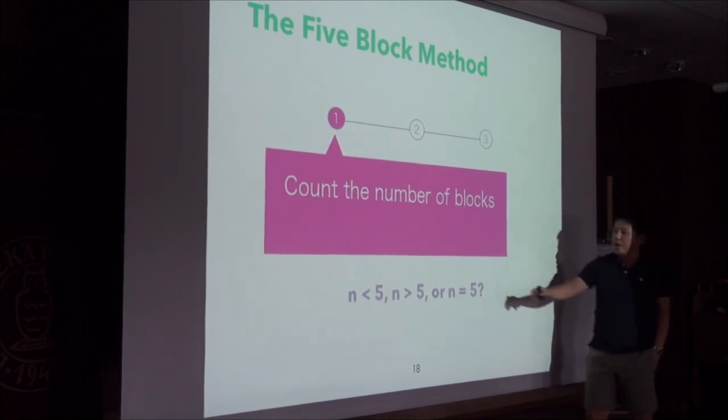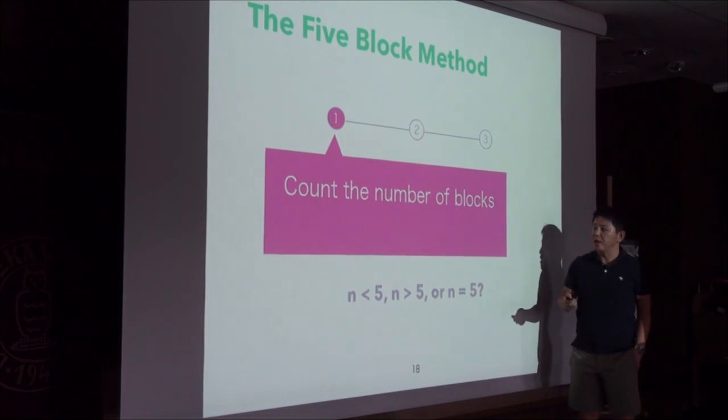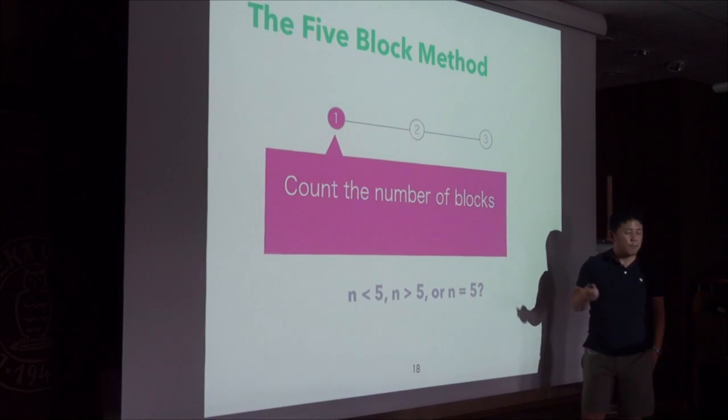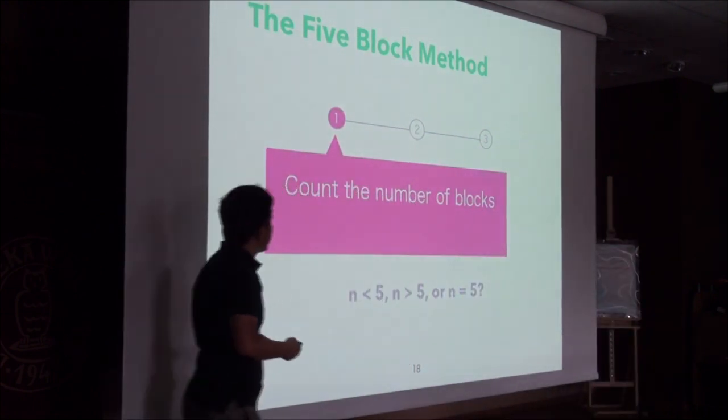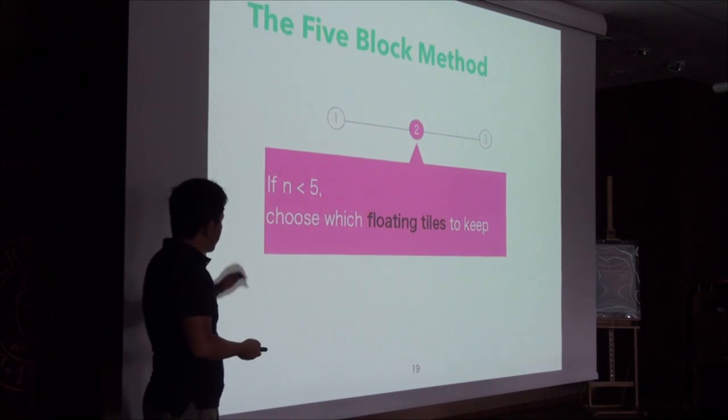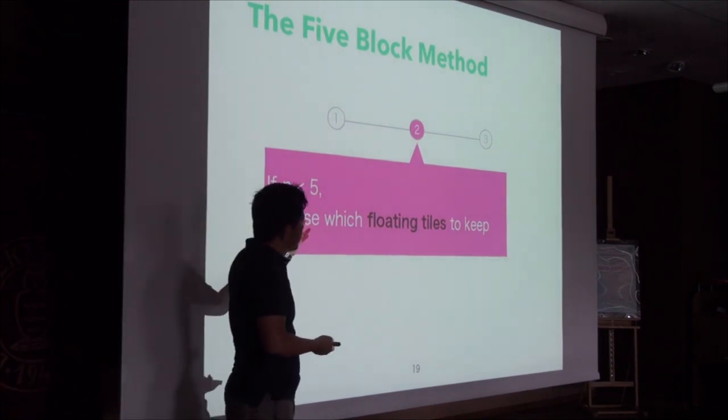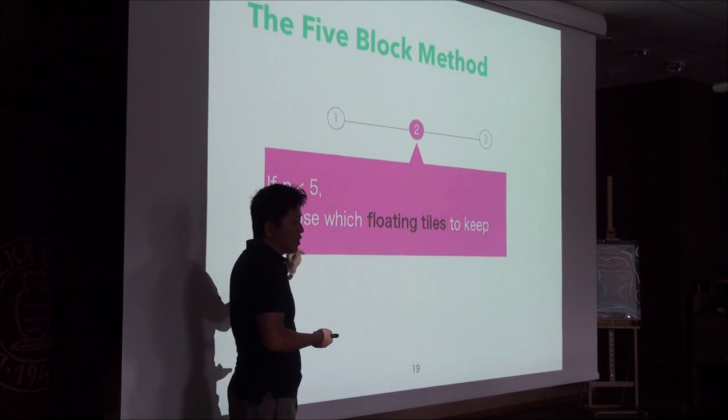And as I said, that depends on the number of blocks in hand. So let's first look at the case where we have 4 or fewer blocks in hand. Right, so our next task is to compare and choose which floating tiles to keep.